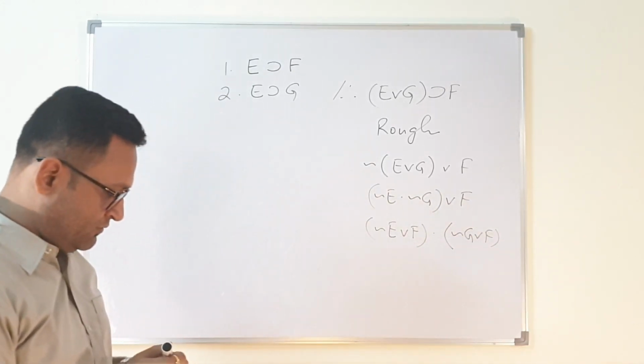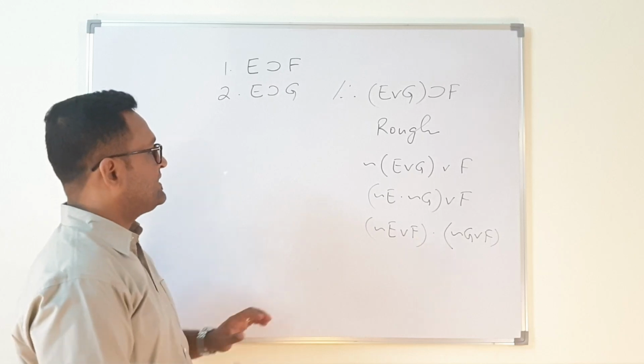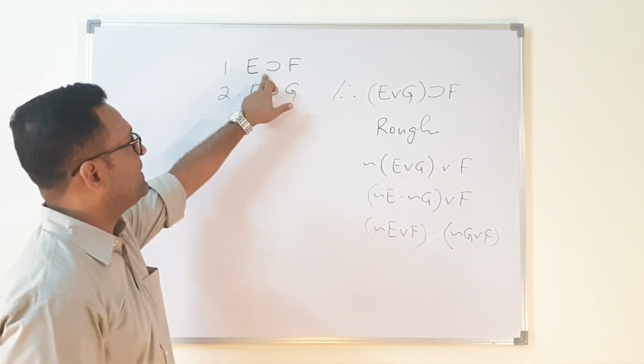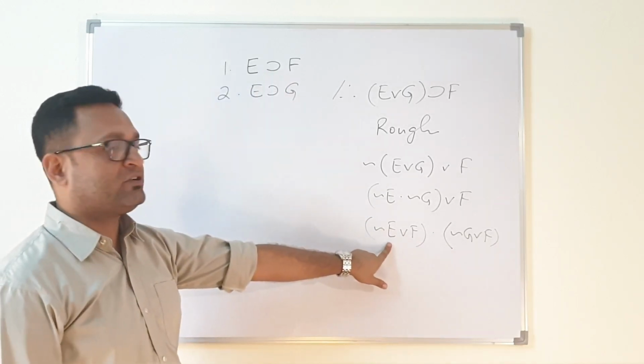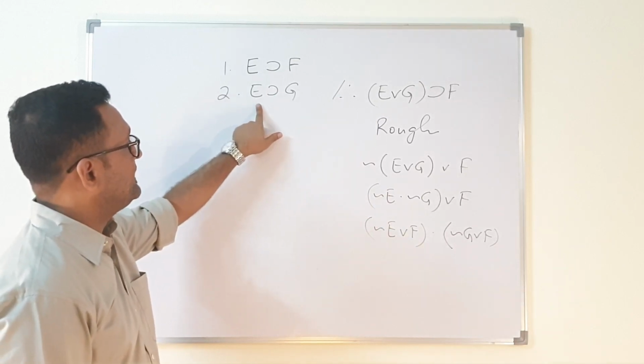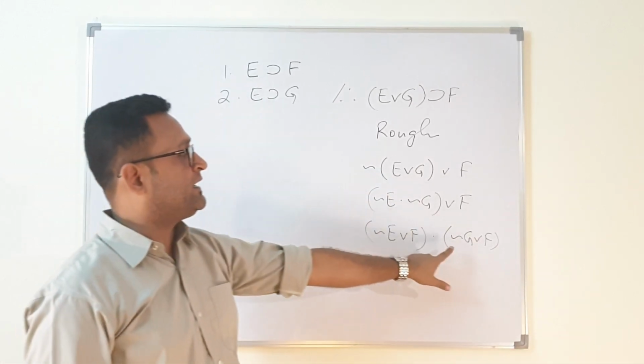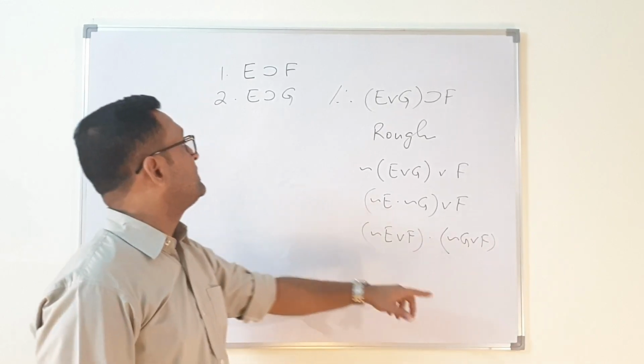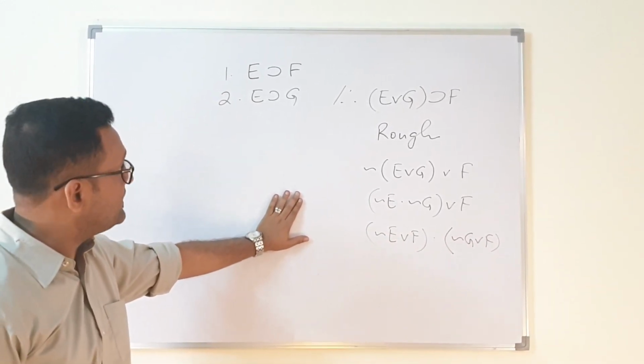So if you reach this step, you can understand that if you apply material implication here, you will get negation of E wedge F. If you apply material implication here, you will get negation of G wedge F, right? Am I doing it rightly? Yes.